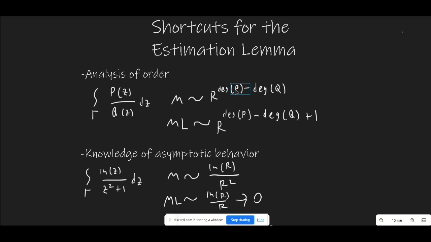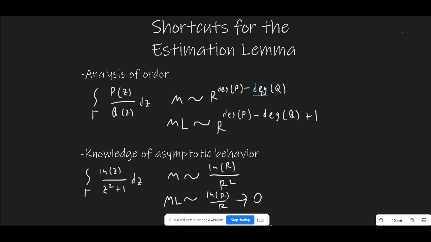And when we multiply by L, which is just pi times r, we're just adding one order of r, right? And so that means if the degree of q is more than 1 greater than the degree of p, we can pretty safely argue that ML is going to go to 0, and that means the integral over gamma is also going to go to 0. And that's without doing any real math, just sort of adding up the order of things.